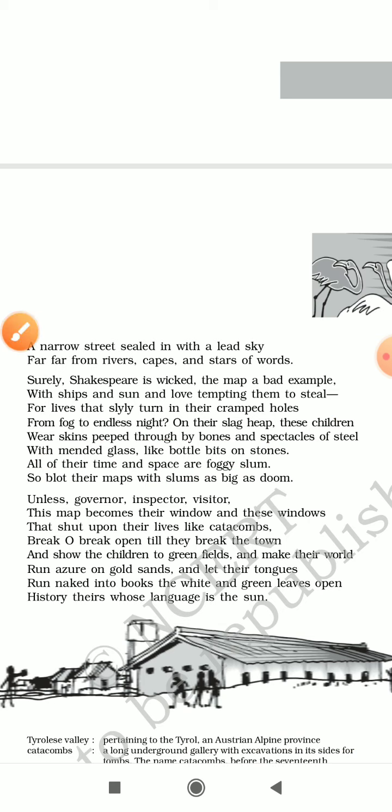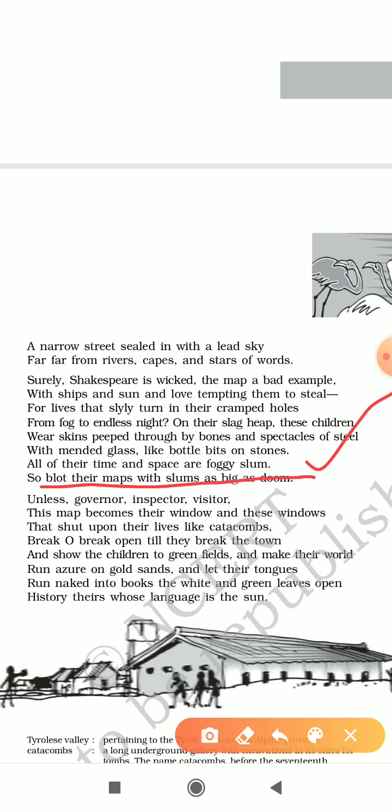The next question might be: explain the line, so plot their maps with slums as big as doom. The maps made by the rich and powerful persons are as big as doom. If they are displayed there in the classroom, because they don't know anything about those maps, it means that is a restriction for the slum children.